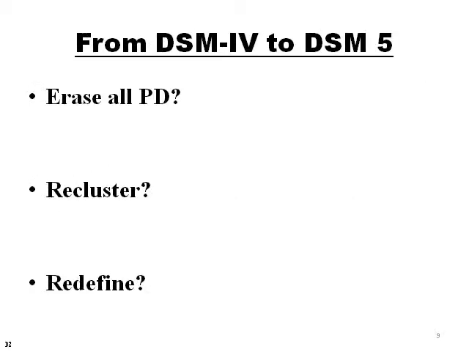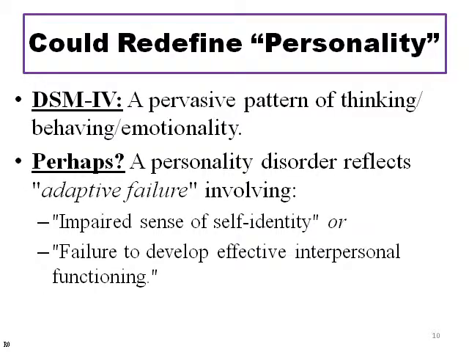So given this rate of misdiagnosis, they had several choices. They could erase all of the personality disorders. They could recluster them, perhaps along the Big 5, or they could redefine each of them. Well, they did a little of maybe everything. So the first thing they did was they redefined what is a personality.